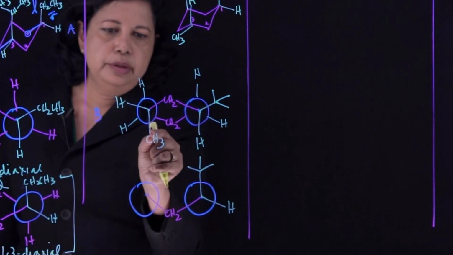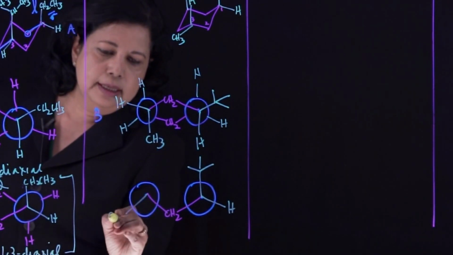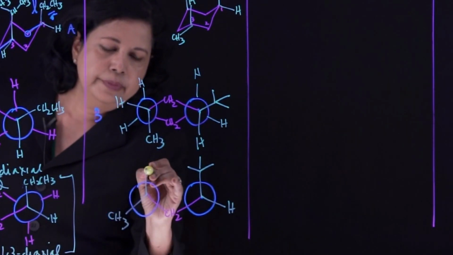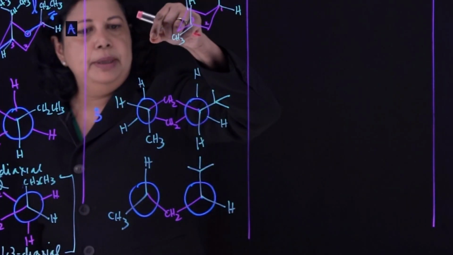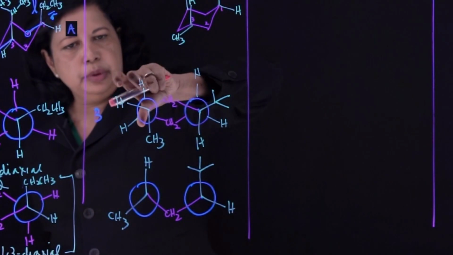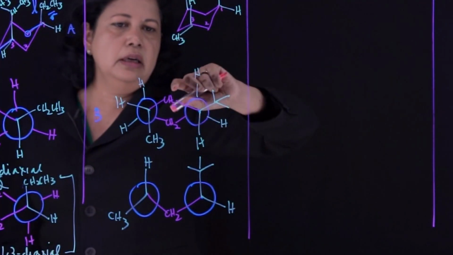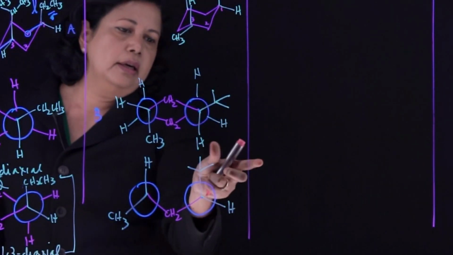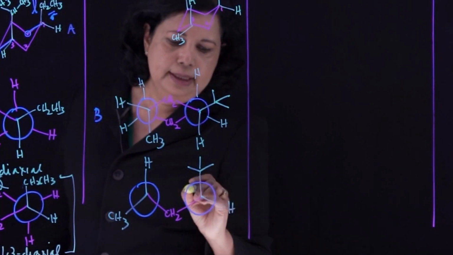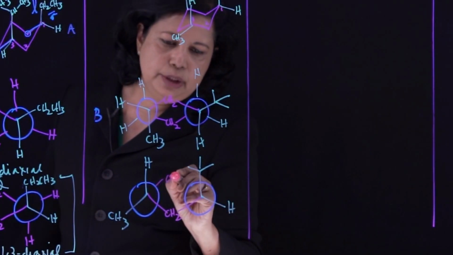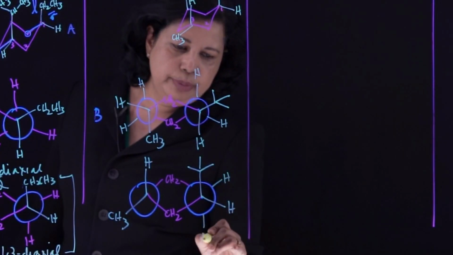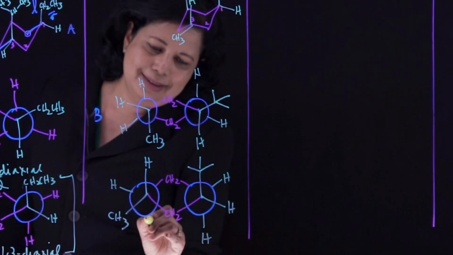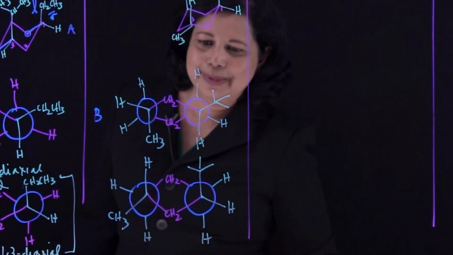And same here, this is going to rotate this over here. And if you pull the back CH2 up like a sash, that's going to rotate these 60 degrees counterclockwise and these clockwise 60 degrees. So here is your back CH2 pulled up, and these are going to be completely staggered, which is how we like them.